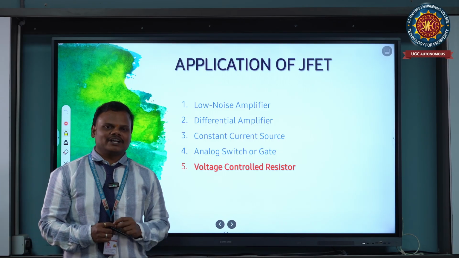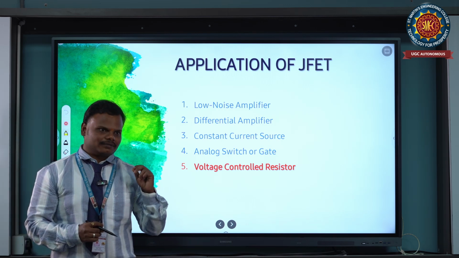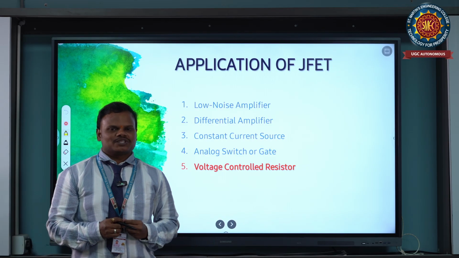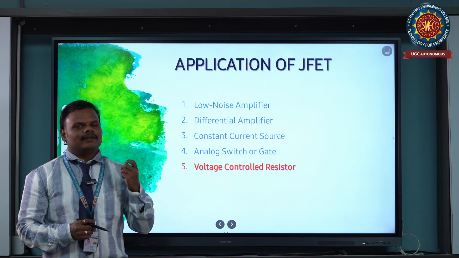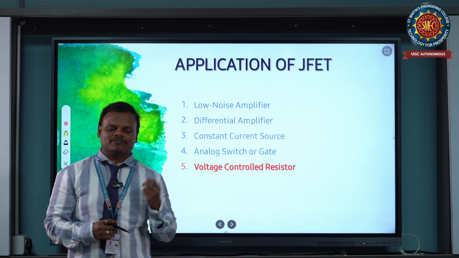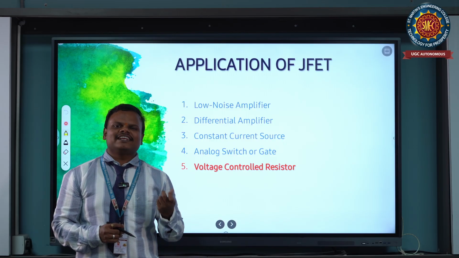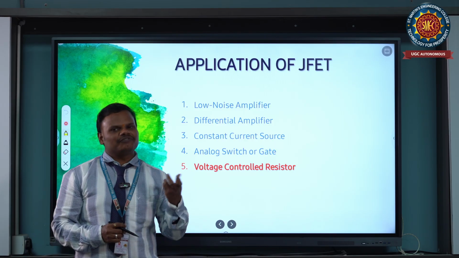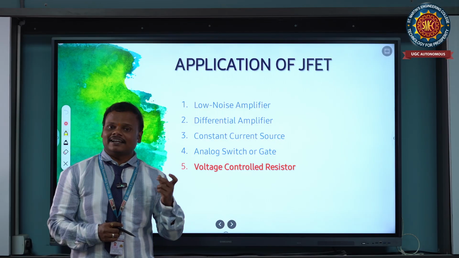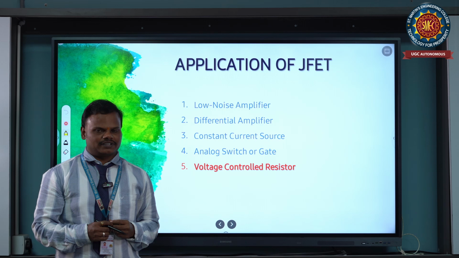The most important thing is that JFETs are very small in size, so they have less power consumption. Whenever we want to fabricate an IC, we require very low power, so with less power consumption we can easily design circuits with these junction FETs.